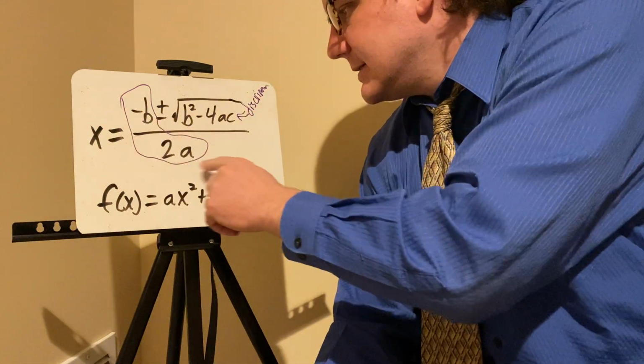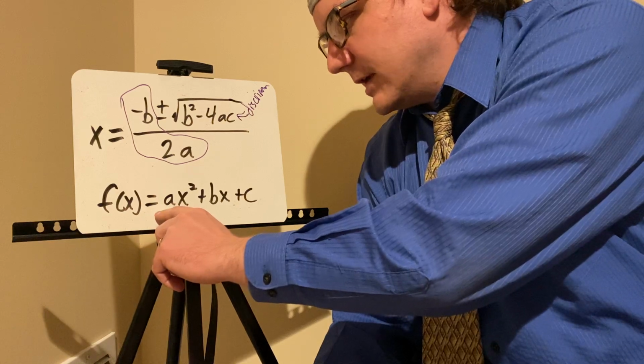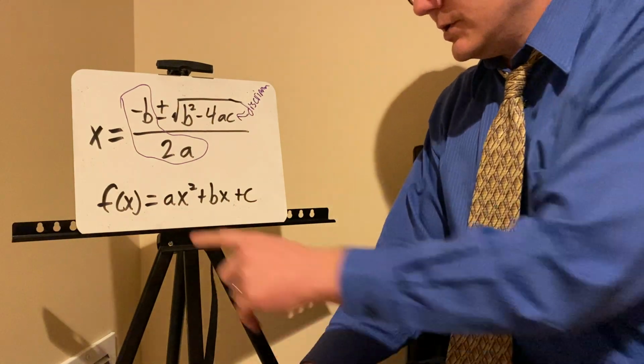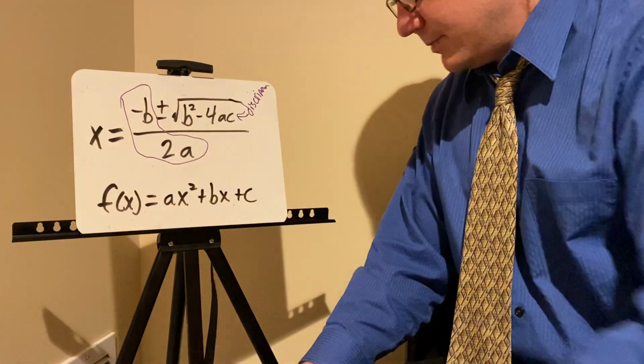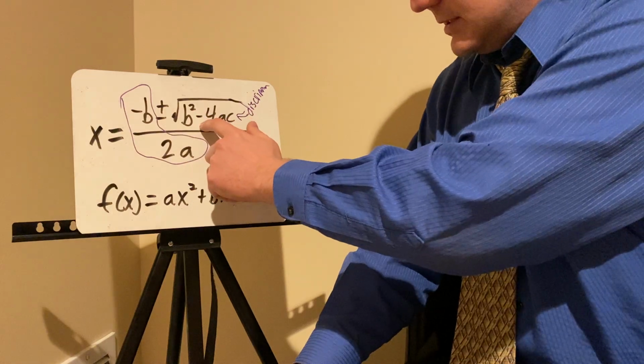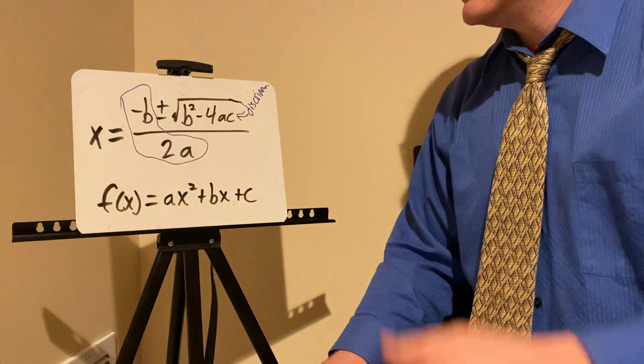The a, b, and c in here represent the parts of a quadratic function in standard form, ax squared plus bx plus c. All you do is say what a, b, and c are, substitute in, and solve it. Keep in mind you add and subtract the square root, so you end up with two solutions.